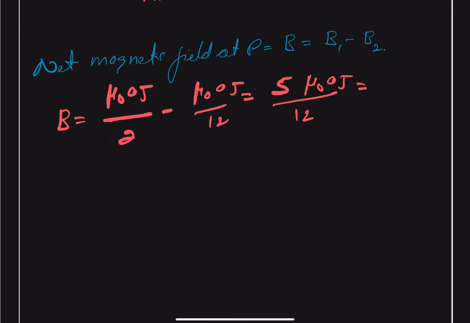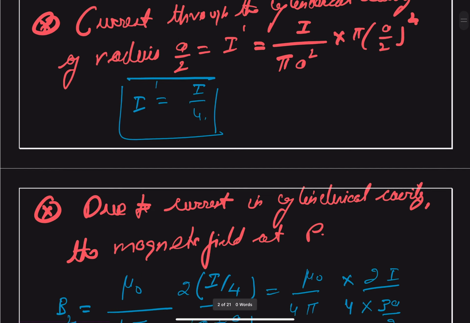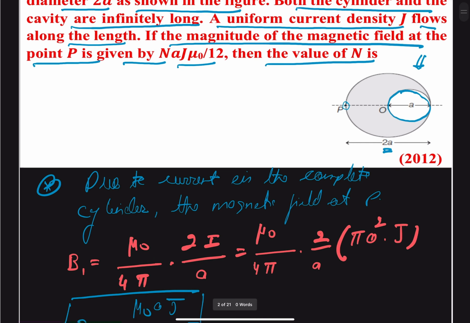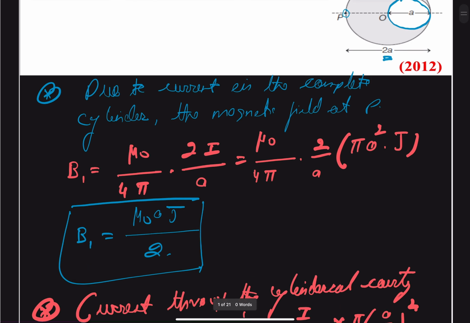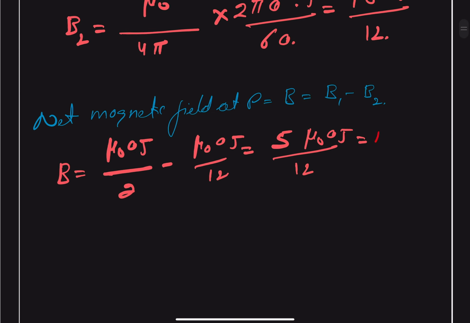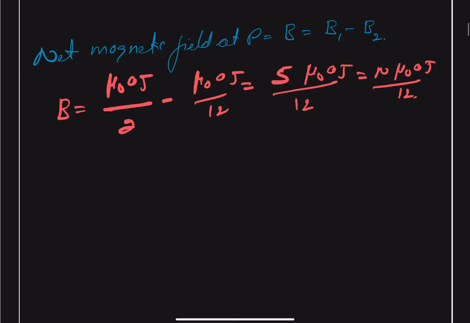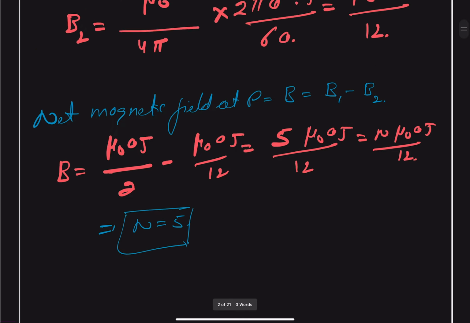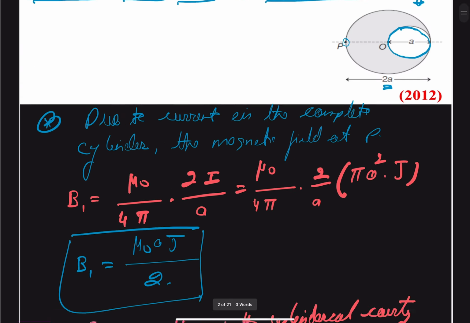But we are given that the net magnetic field is equal to N mu naught A J upon 12. So therefore one-to-one comparison gives us that the value of N is equal to 5. So this completes the first question.